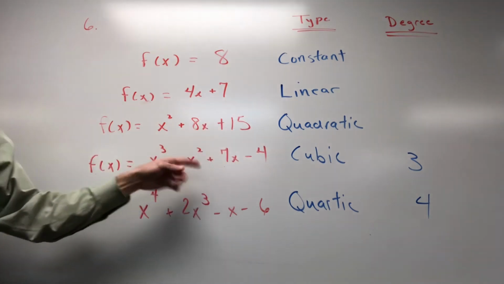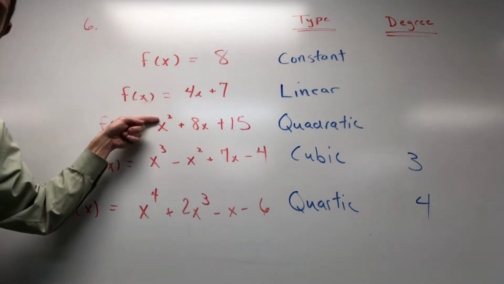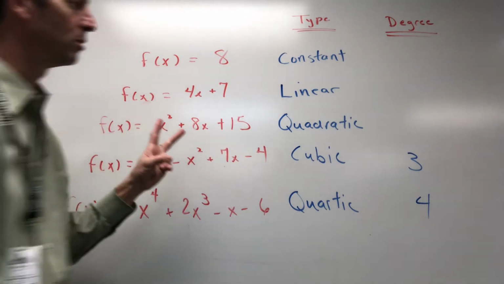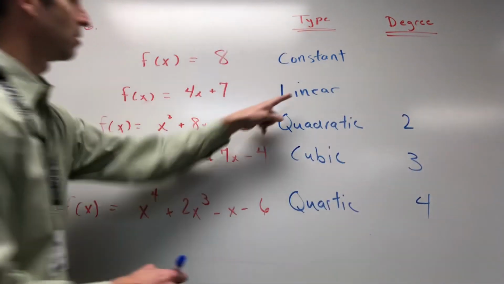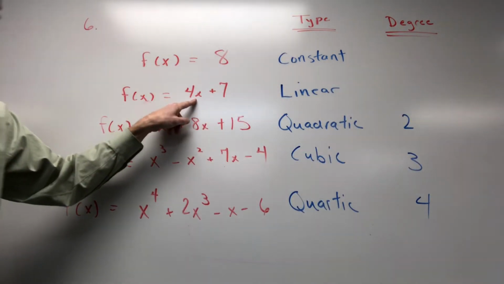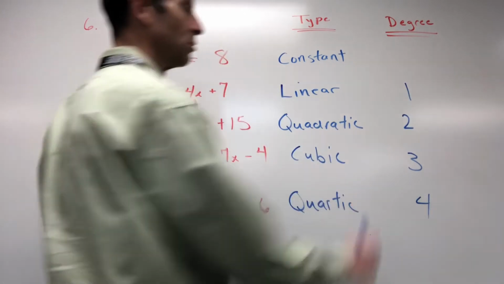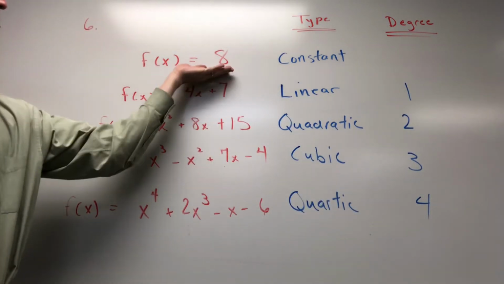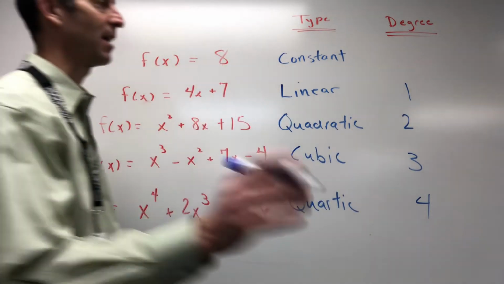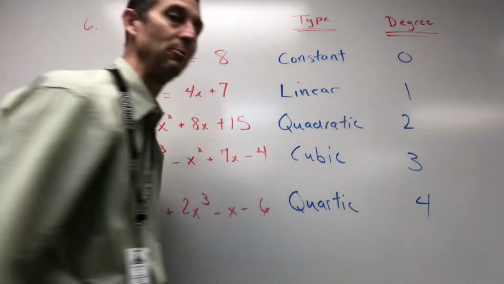Like on a quadratic, here's first power, second power. Largest power is second power, it's a 2. For linear, you only have x to the first, so it's degree 1. Here you don't have any x at all. When that happens, this is kind of a trick one, it's just 0.